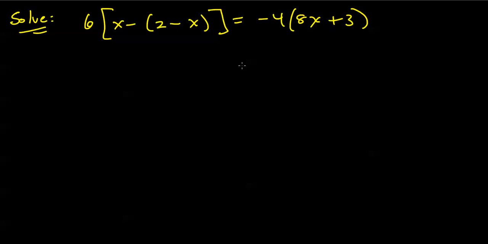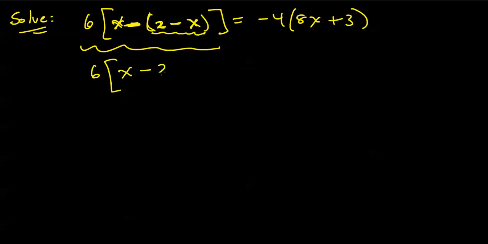Well, on the right-hand side, I'm just going to have to work my way from the inside out. Let me see if I can evaluate these brackets inside before I go on. Well, x minus 2 minus x, I can just negate or distribute this negative sign over this set of parentheses. Let's see what we get.